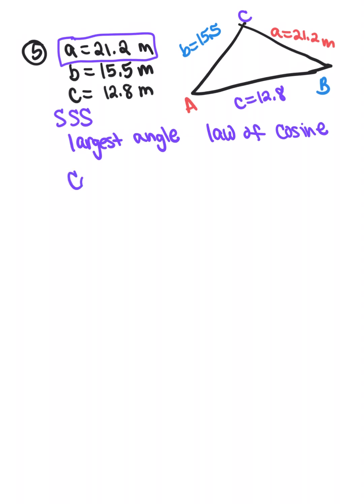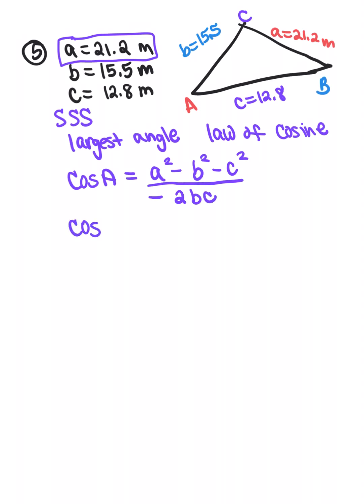So we have that cosine of A is equal to A squared minus B squared minus C squared all over negative 2BC. So cosine of A is equal to plugging in A, B, and C into the formula.